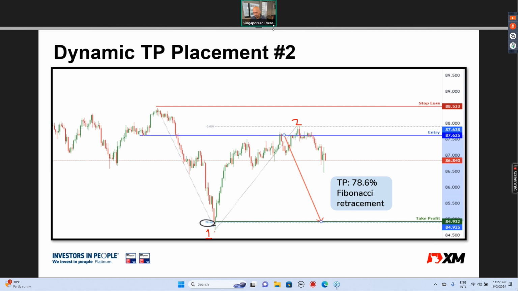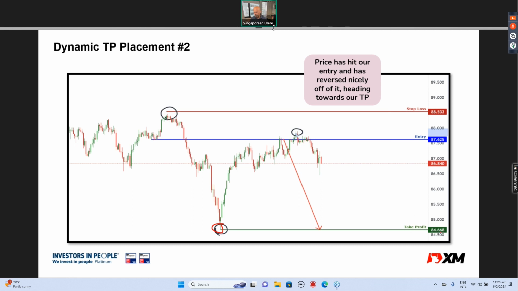So we can see when we do the Fibonacci retracement here, we find that the 78.6% Fibonacci retracement level lies slightly above the swing low. This is at 84.93. Previously, TP was at 84.66, taking the absolute swing low. But as price is falling down, we have a low point here, swing low here, a swing high here. Sorry, swing high at 0.2, swing low at 0.1. We draw the Fibonacci retracement.